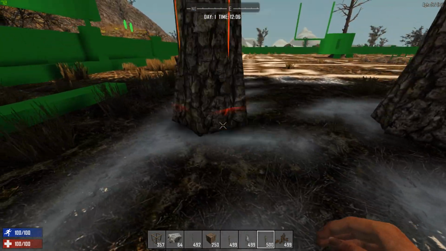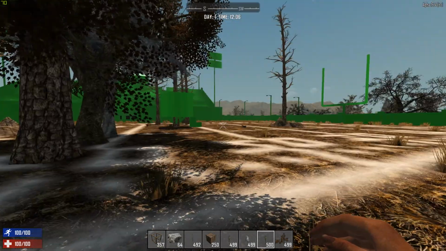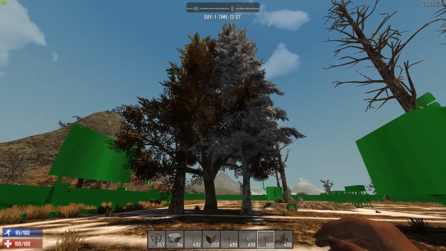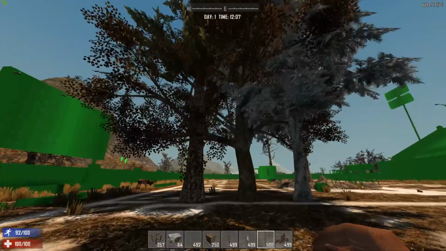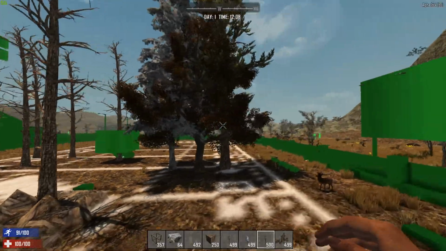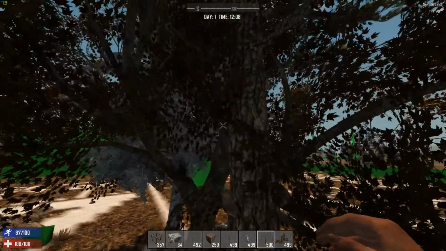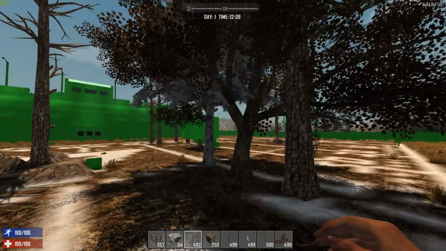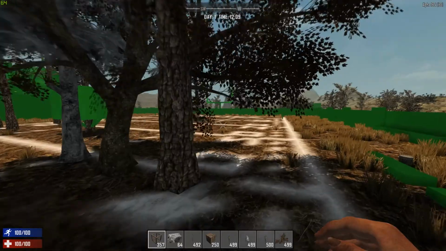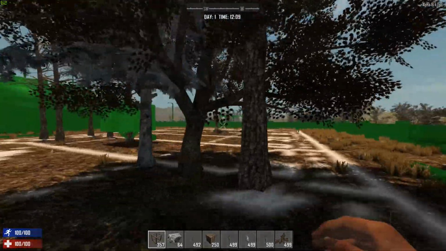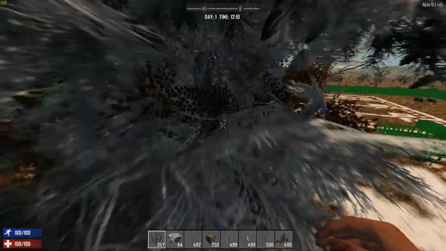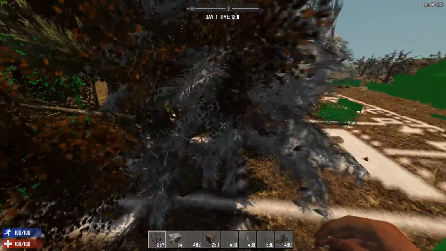This one for some reason is not being planted. So these are the trees available to us. They do have a lot of branches. Now, the main advantage of the pine over the maple is that the tree is more straight.